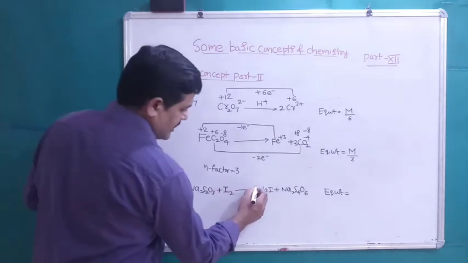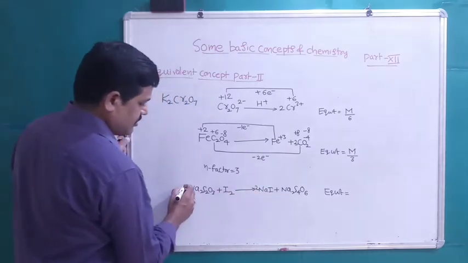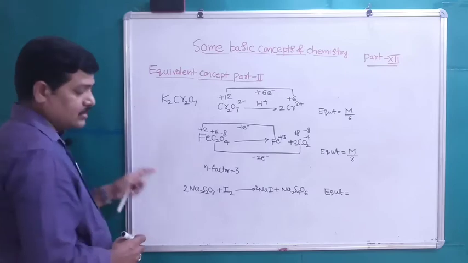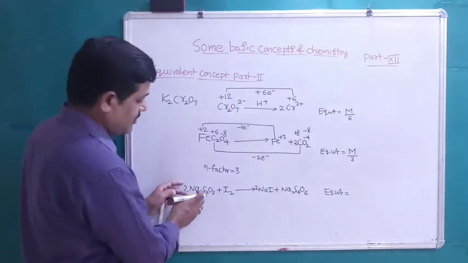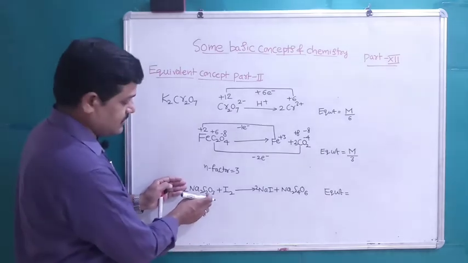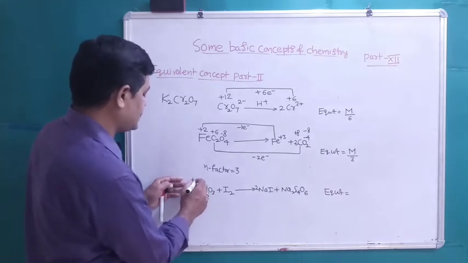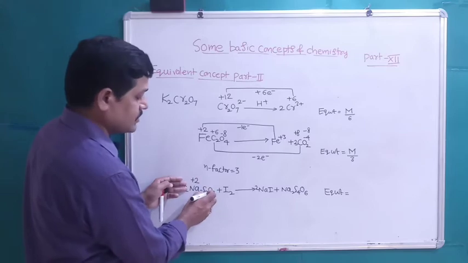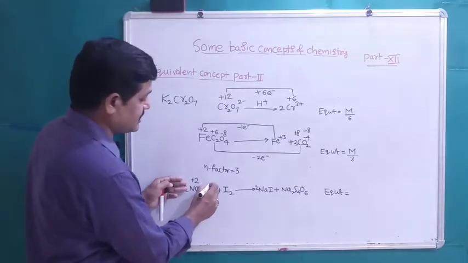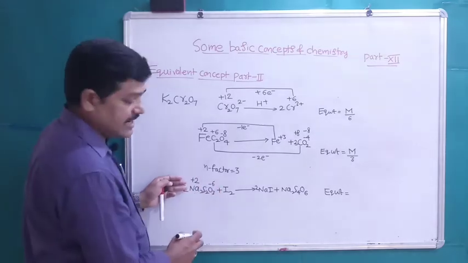This is 2Na, here we can put the quotient of this as a 2, right? Then for one molecule you consider, for 2 sodium atoms oxidation state is plus 2, right? For 3 oxygens it is minus 6.